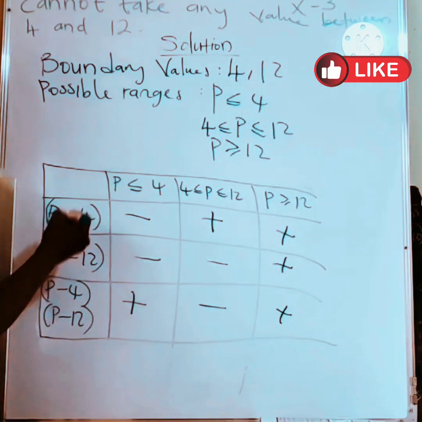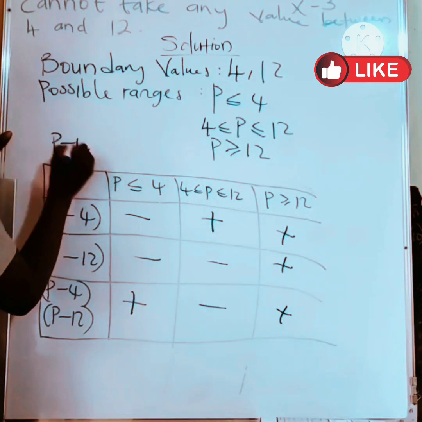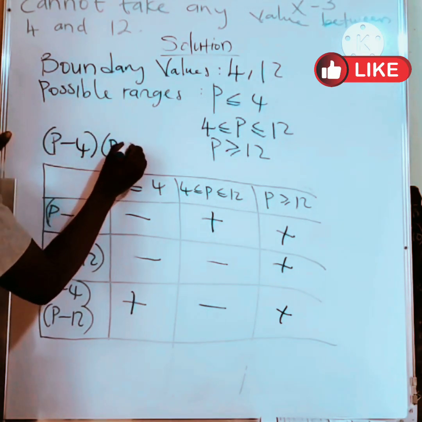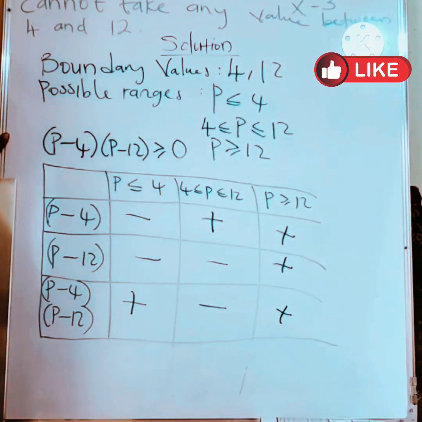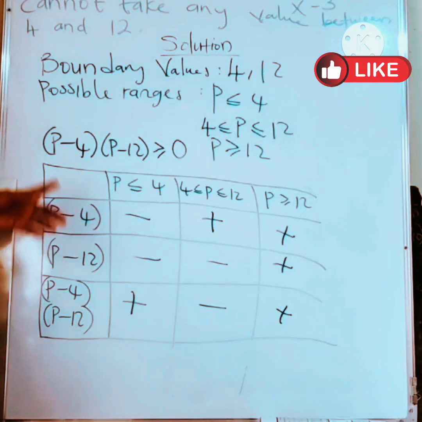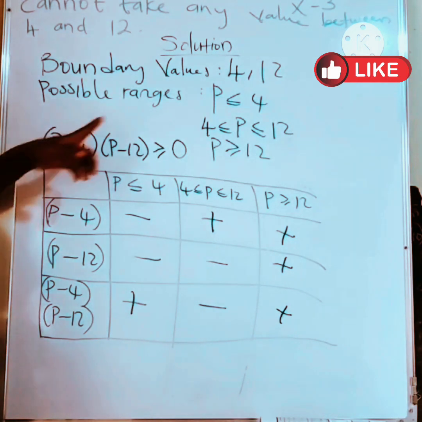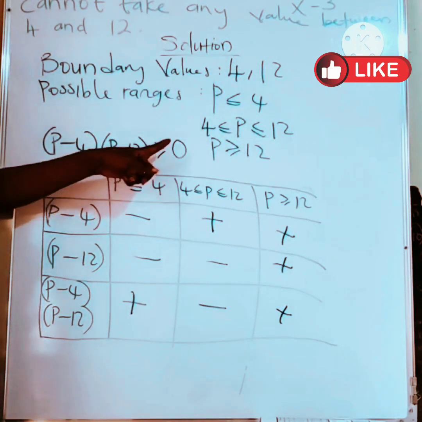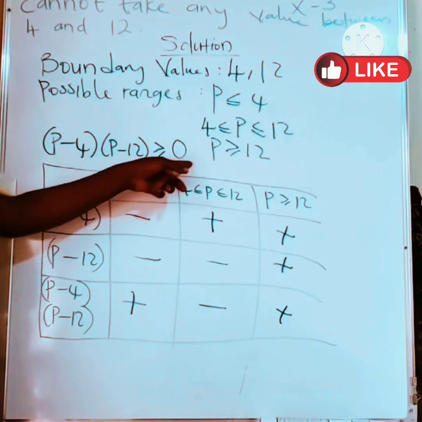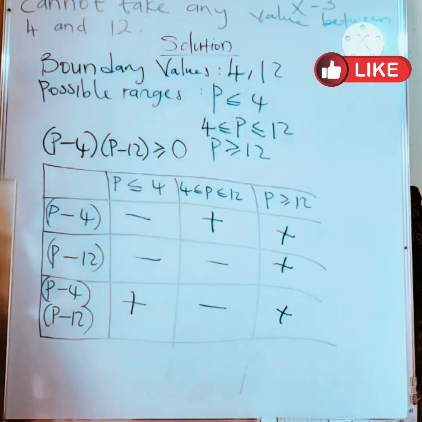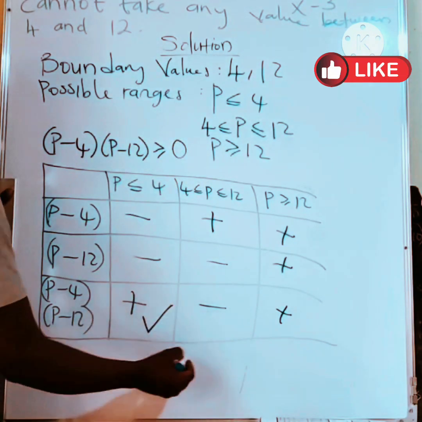We have (p minus 4) into (p minus 12) greater than or equal to 0. This is the inequality we're working with. So the set of solutions that satisfy it is the range where we have the result greater than 0, a positive solution, and that is here and here.